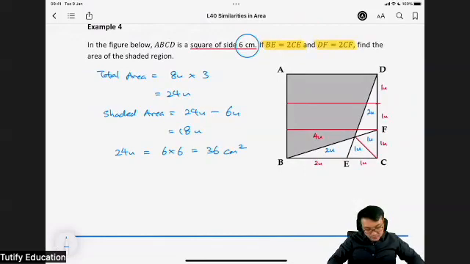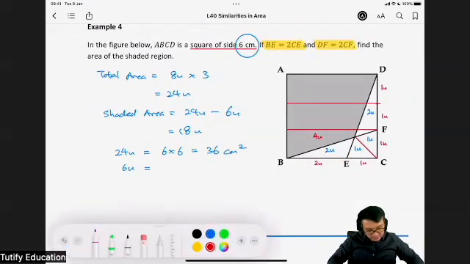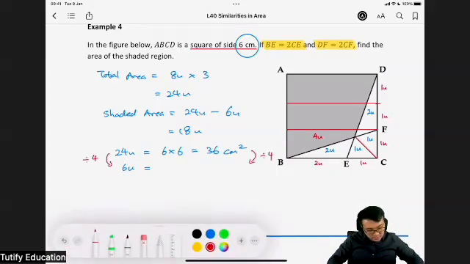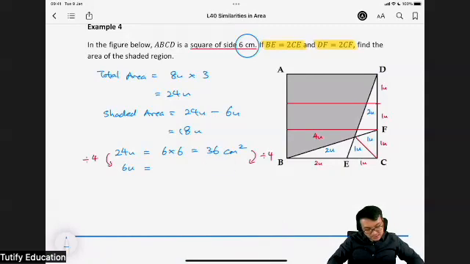Now I want you to find what is 6 units. That means you need to divide 24 by how many? 4. Yes. So 36 divided by 4, how many cm squared is that? 9. Correct. 6 units is 9 centimeters squared.